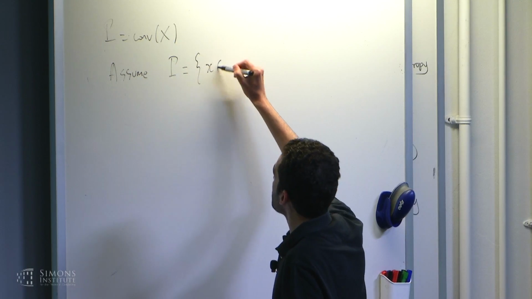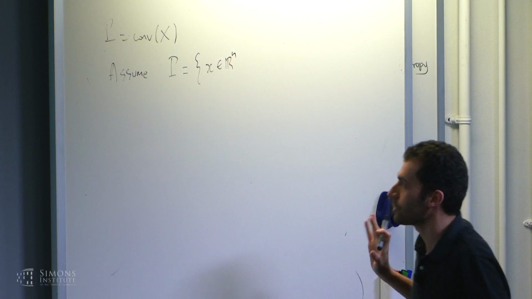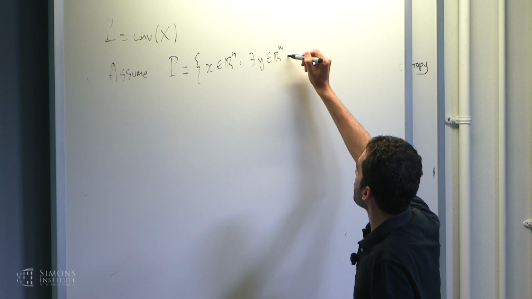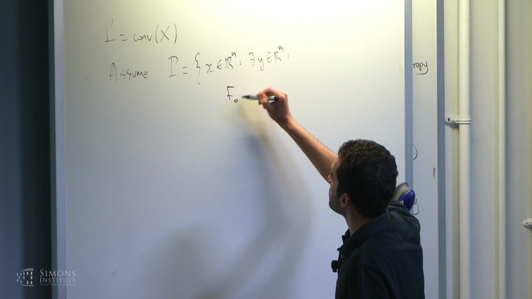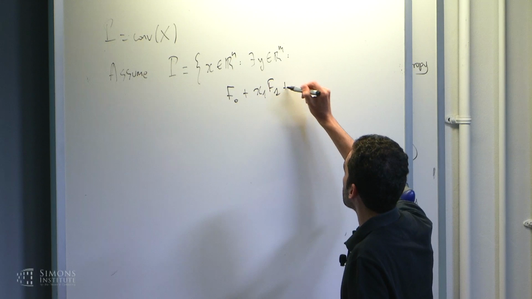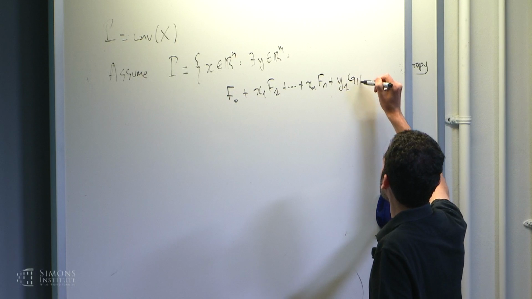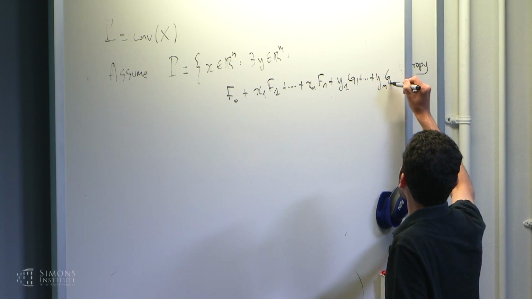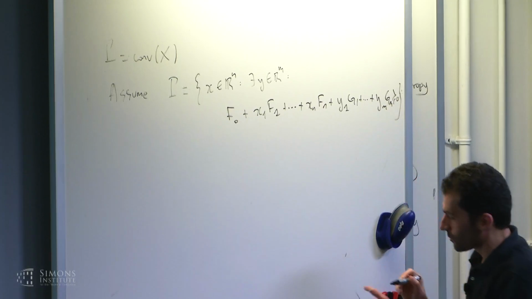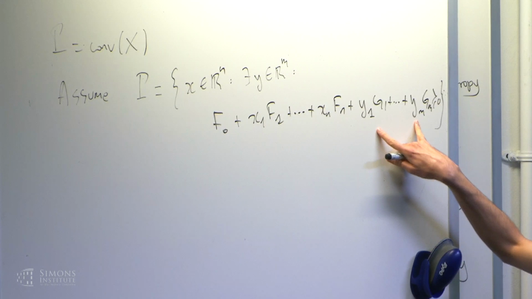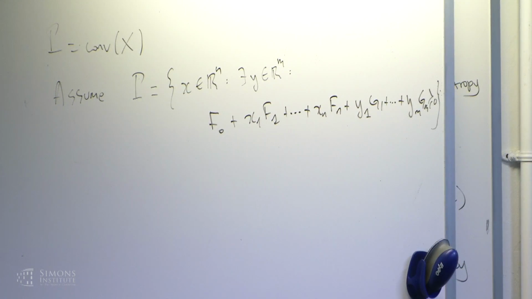In particular, I'm going to write this SDP lift in a certain form, without loss of generality, such that F0 plus the rest is PSD. I'm going to assume that the projection just forgets a certain number of components. So I have to show that my slack matrix has a positive semi-definite factorization.